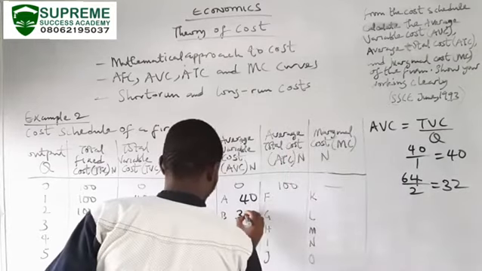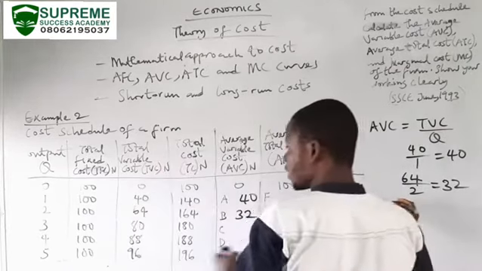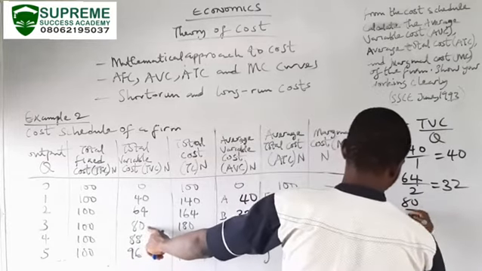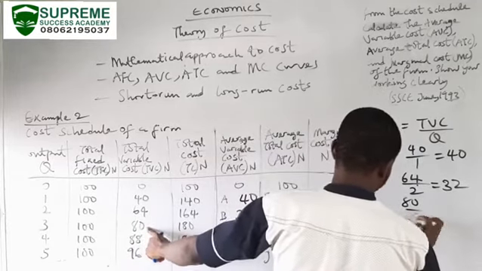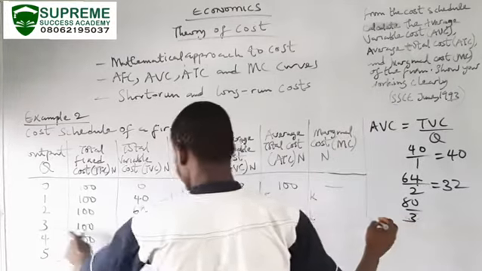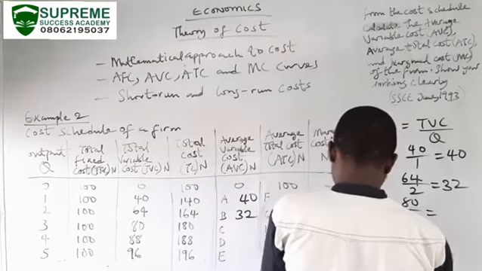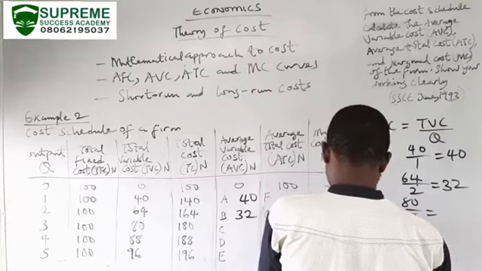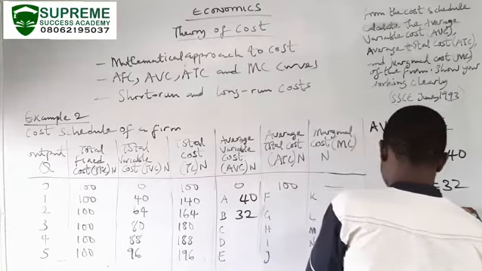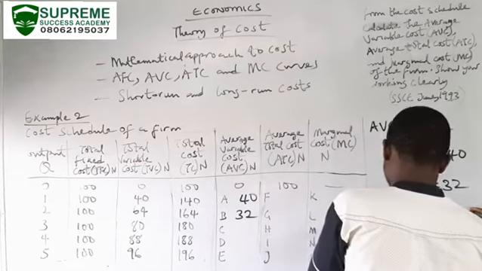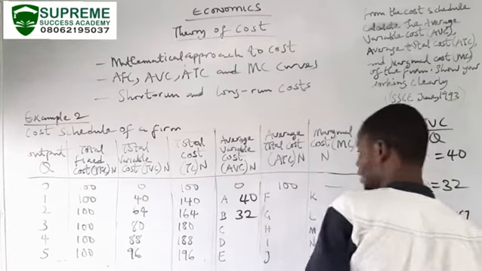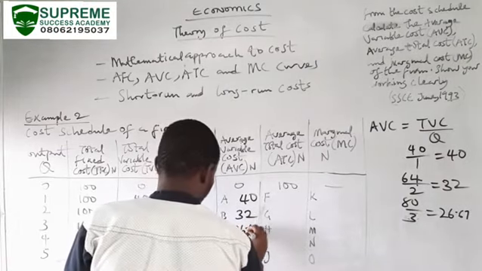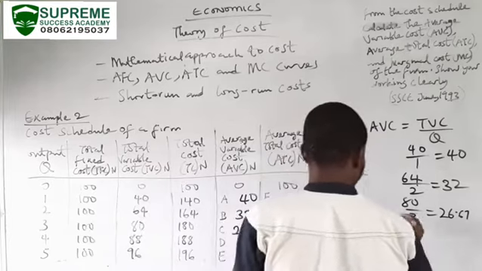The third output is 80, so we divide 80 by the output, which is 3. 80 divided by 3 equals 26.67.